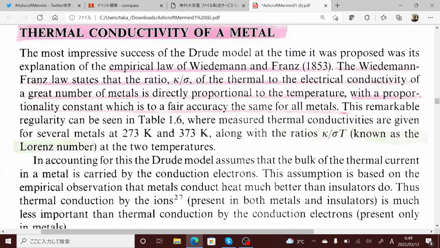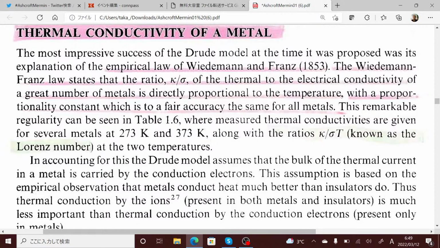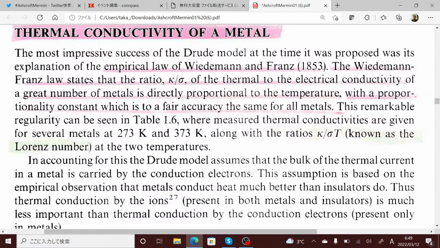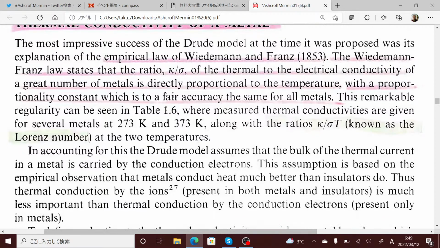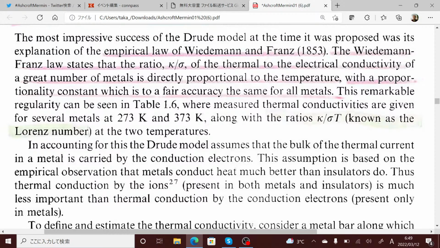The Wiedemann-Franz law states that the ratio kappa divided by sigma of the thermal to electrical conductivity of a great number of metals is directly proportional to the temperature, with a proportionality constant which is to a fair accuracy the same for all metals.